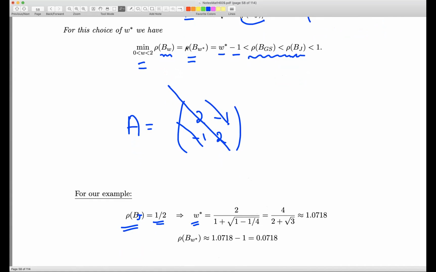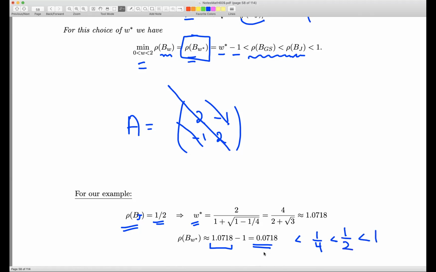1.0718, the value of omega star. And therefore the spectral radius of this matrix with this optimal choice of omega will be omega star minus 1, which will give us 0.0718. Which is much smaller than the Gauss-Seidel, which was 1/4, which is much smaller than the Jacobi, which was 1/2.